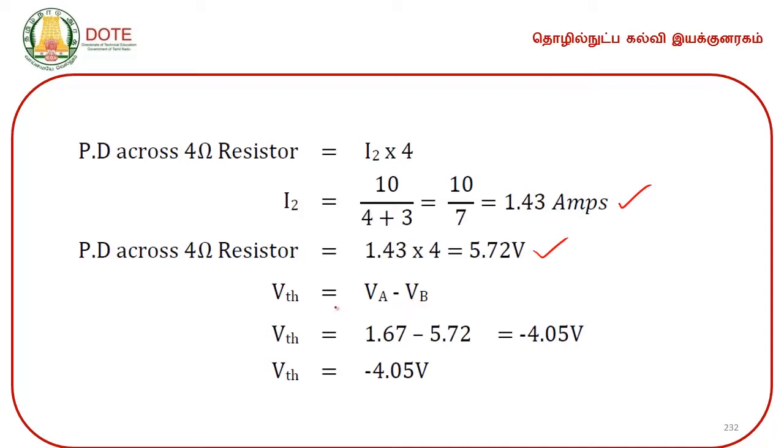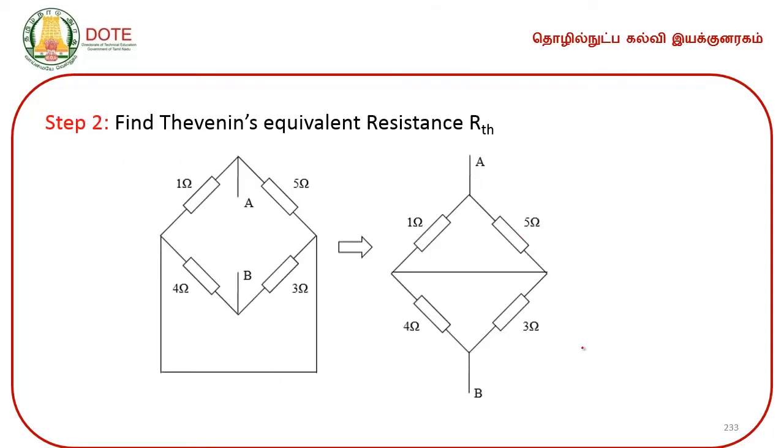Then finally, the difference between VA and VB will be the Thevenin's voltage, which is 1.67 minus 5.72, yielding minus 4.05 volts. Then the next step is to calculate Thevenin's equivalent resistance.